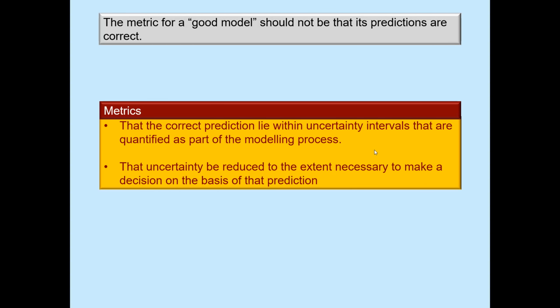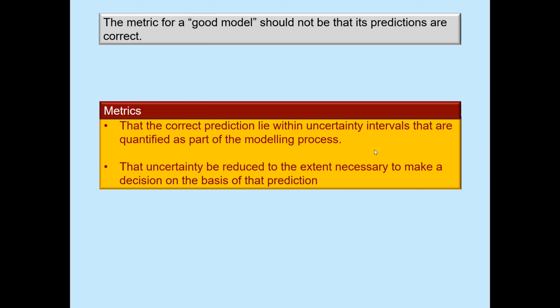The metric by which we should judge a model that's going to be used to support decisions is not that it makes a correct prediction, because that will never happen. It's that the correct prediction, which we will never know, lies within the uncertainty limits that conceptually we can actually calculate using a model.